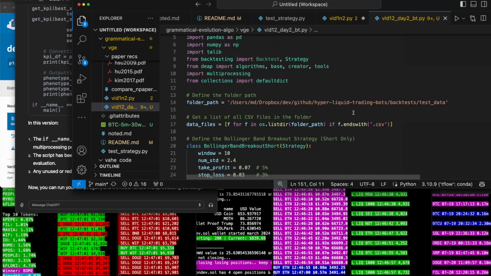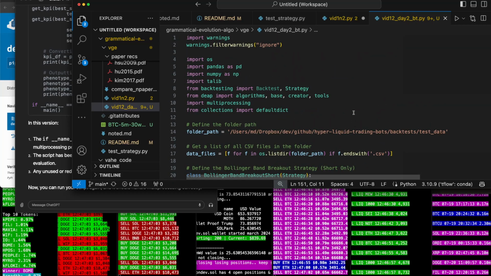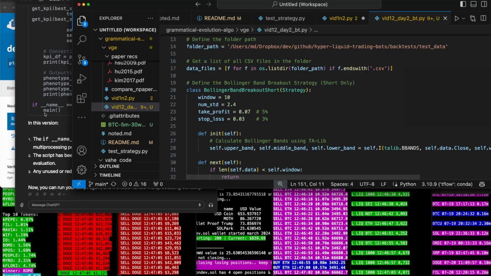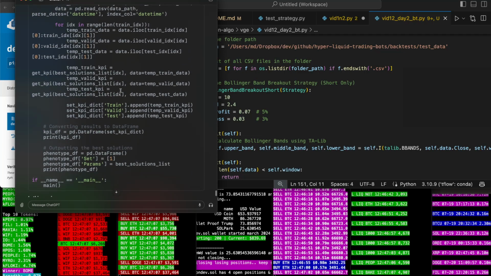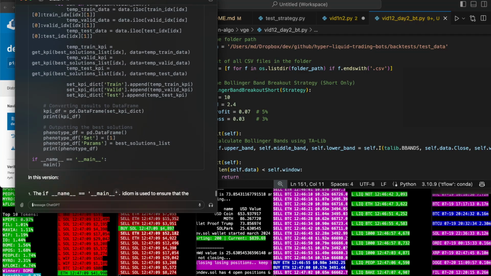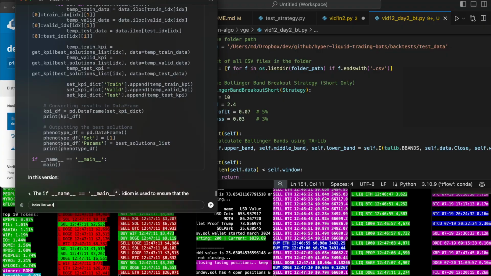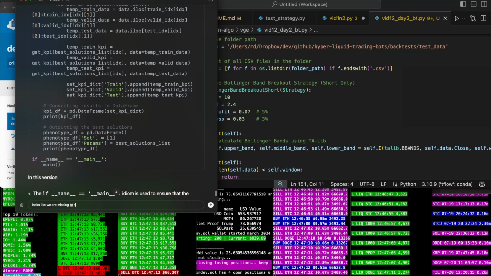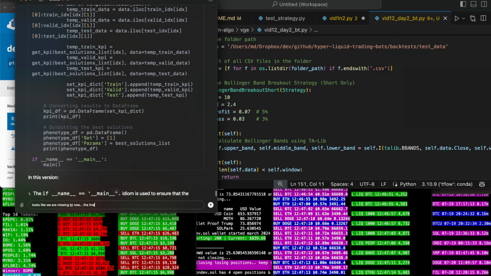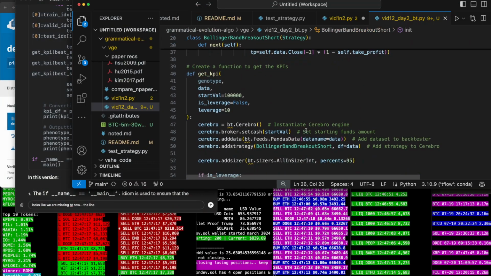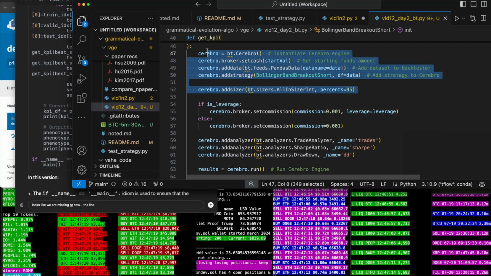BT.analyzers? Come on. Looks like we are missing BT now. These lines all don't work.